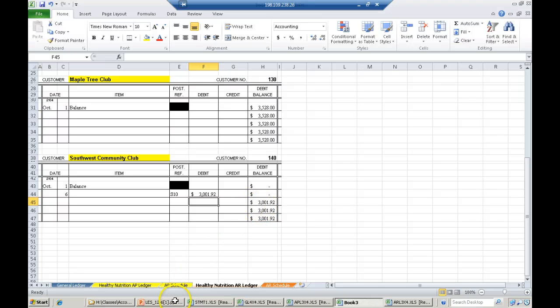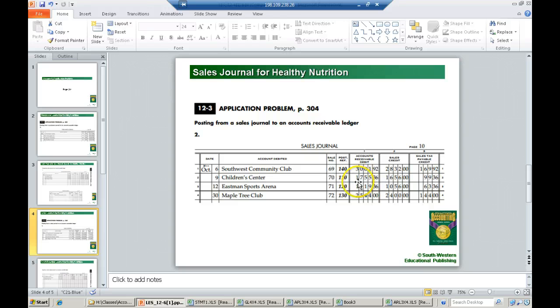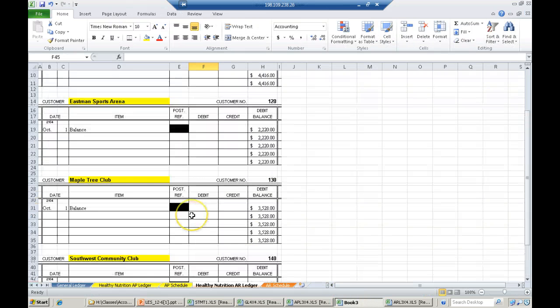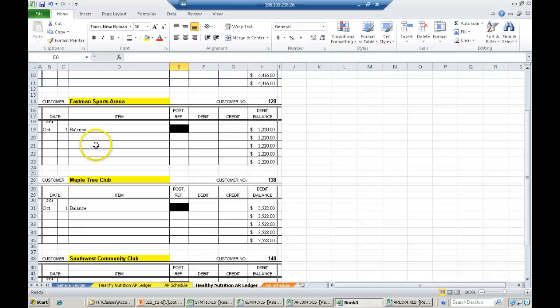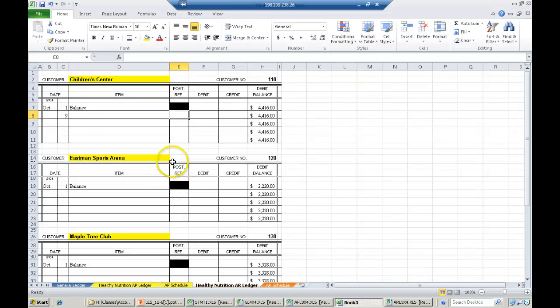Next transaction was for $1,755.36 in Children's Center. So on the 9th, again from Sales Journal 10, S10, we have a debit amount of $1,755.36.